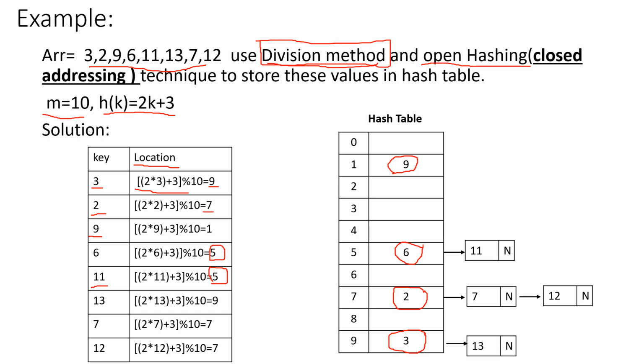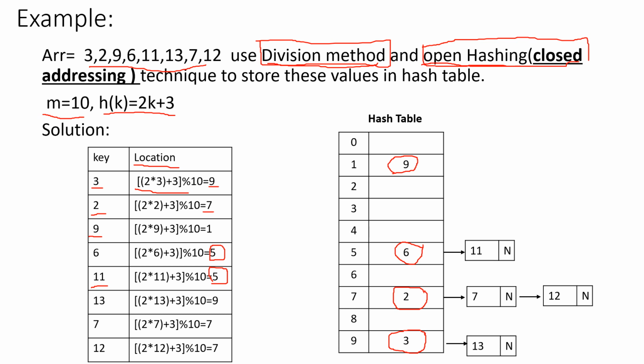Do remember which collision resolution technique you are using. Open hashing. So whenever open hashing comes, what will you apply? Linked list. Which data structure will you apply? Linked list. So what will you do? You have to create another separate node for the 11 and then store the 11.